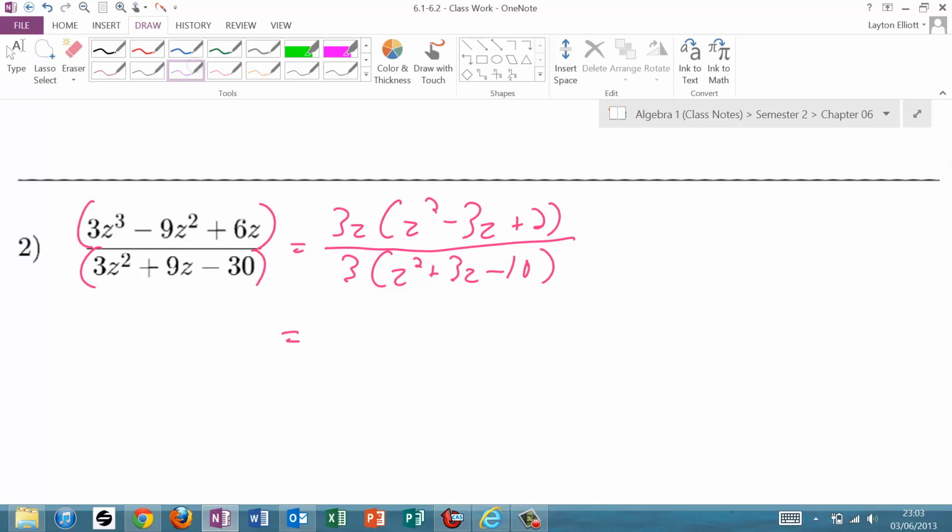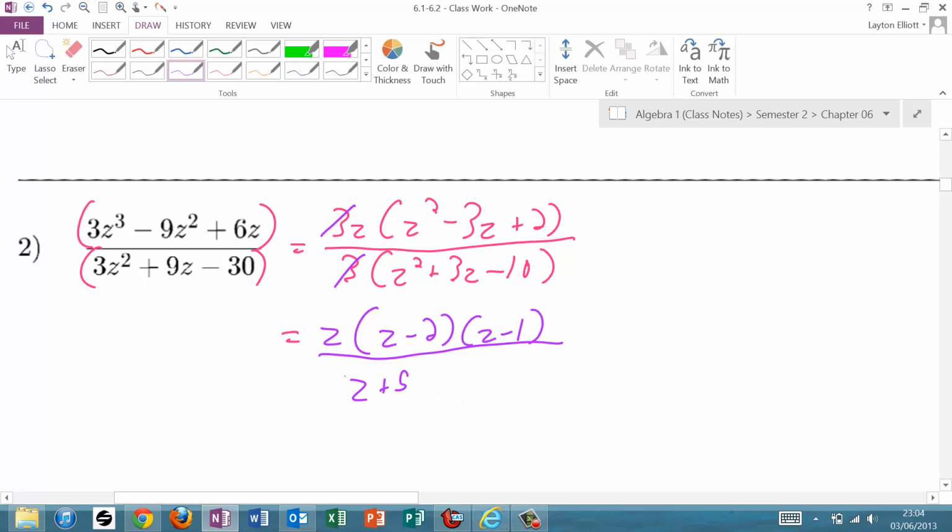One question to ask, can I cancel the 3's right now? Answer is yes. That's not going to affect restrictions at all, so I might as well just do that and not have to write them again. Z, and then I'm going to end up with z minus 2 and z minus 1. Then the denominator is going to be z plus 5 and z minus 2.